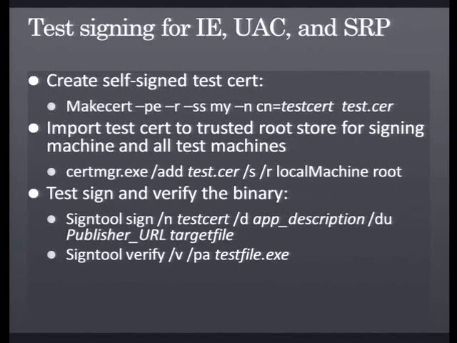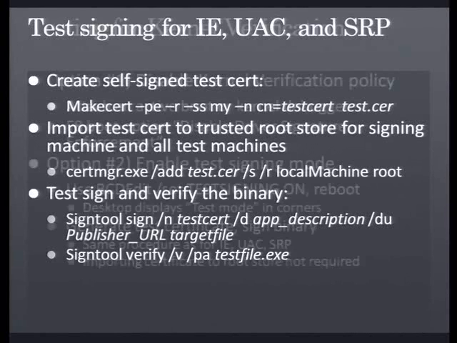In this case, you're going to use signtool verify in order to verify that the signature was applied correctly. The /PA switch in the command line syntax below, or on the slide, specifies that applications signed with certificates issued from certificates configured in the trusted root store will be trusted.